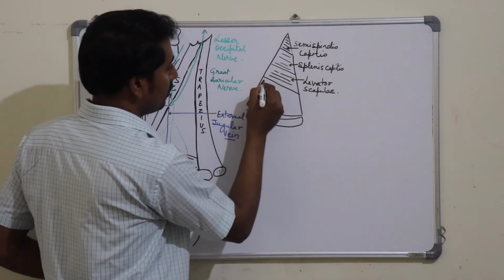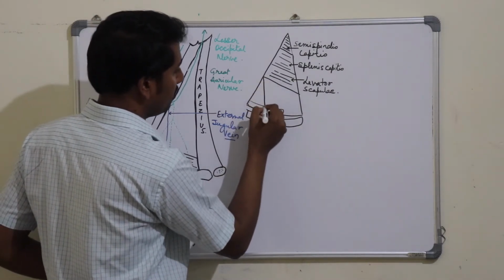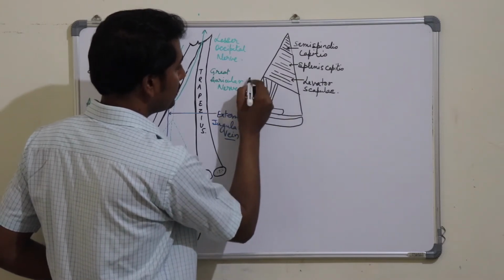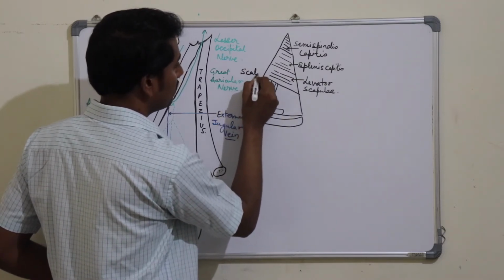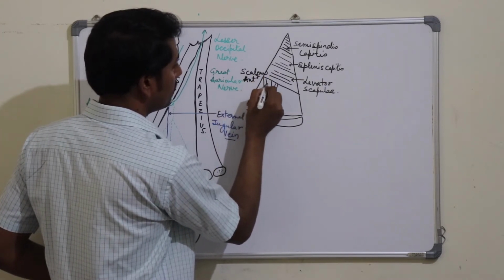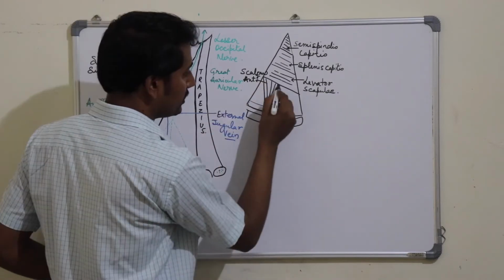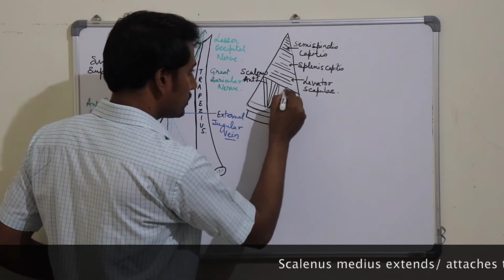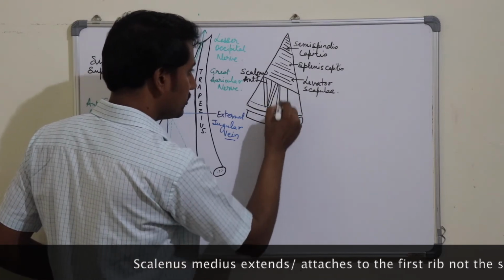Another muscle which is extending here to the first rib is the scalenus anterior muscle. Another muscle which is extending to the first rib is the scalenus medius muscle.